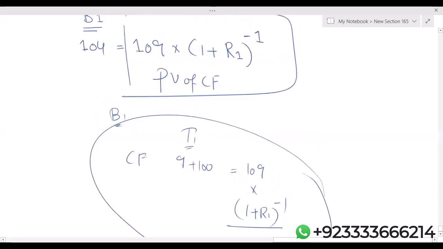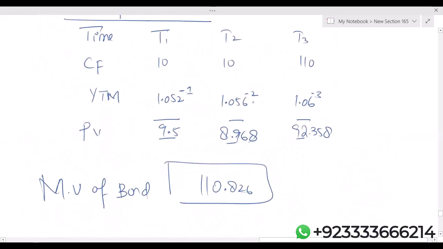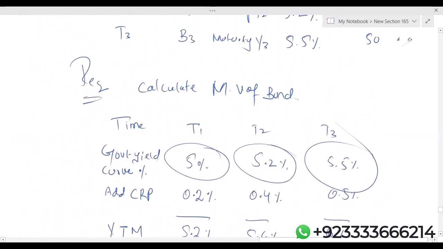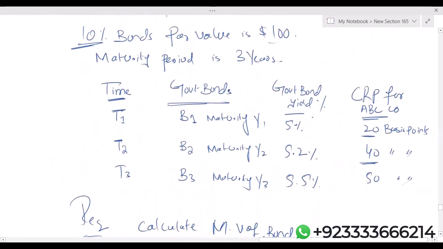What was happening in the very first example, if you come here, look at this one. In this question, the government yield percentages were given to us. Now the examiner is asking us to calculate these percentages.